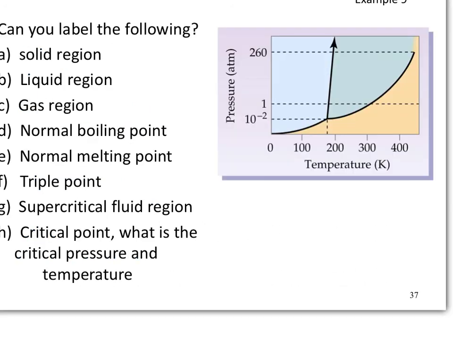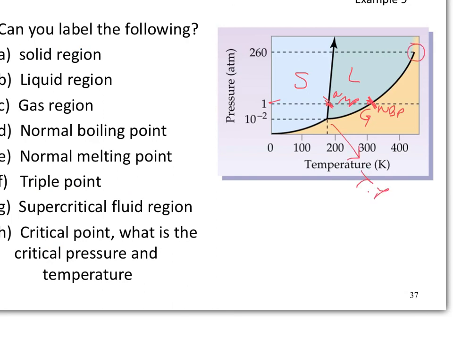Just to put things in perspective, we are supposed to label a solid region, a liquid region, a gas region. Normal boiling point, that means 1 atm, but go all the way over here. So that's the normal boiling point. This point will be the normal melting point. This guy will be the triple point.